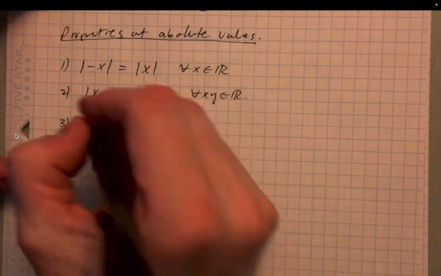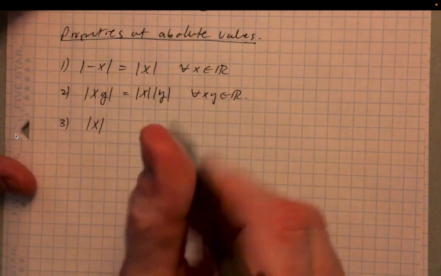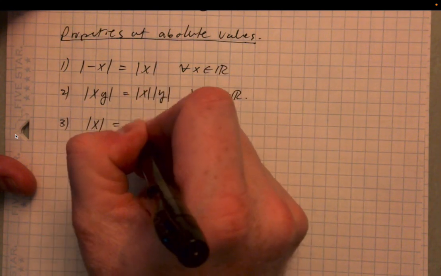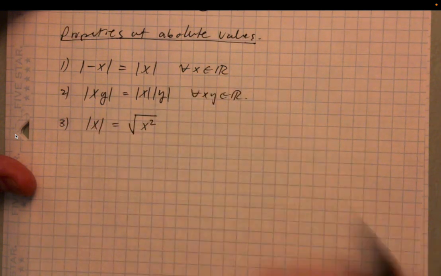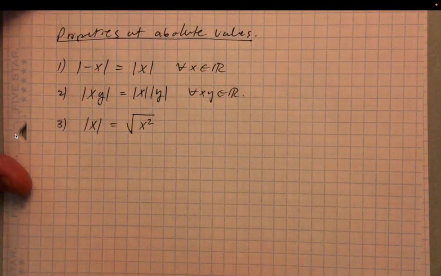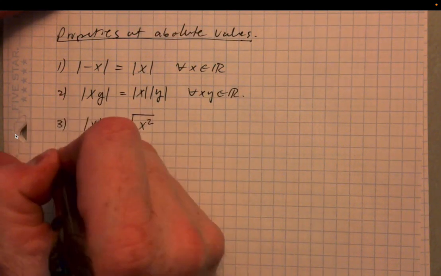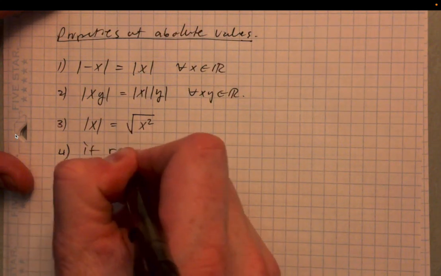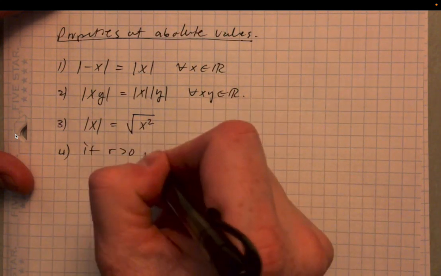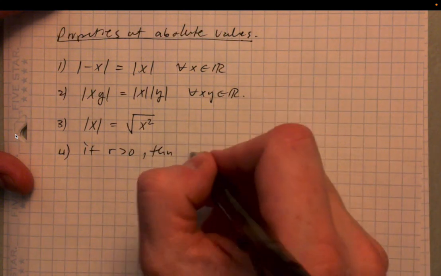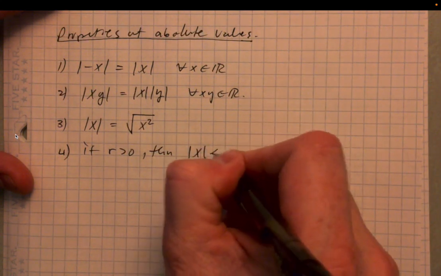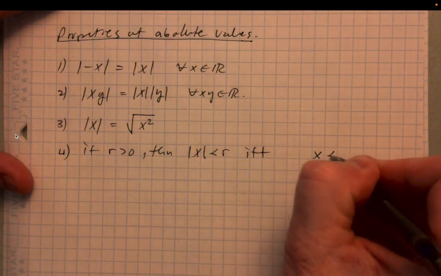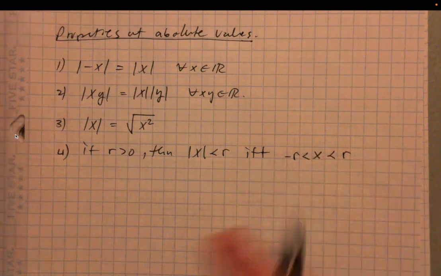Here's one that we'll most likely be aware of. The absolute value of a number x is equal to the square root of x squared. Again, for all x in R. Fourth item here: if r is greater than 0, then the absolute value of x being less than r is true if and only if x is between negative r and r.